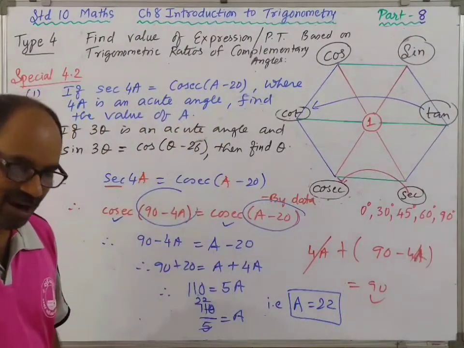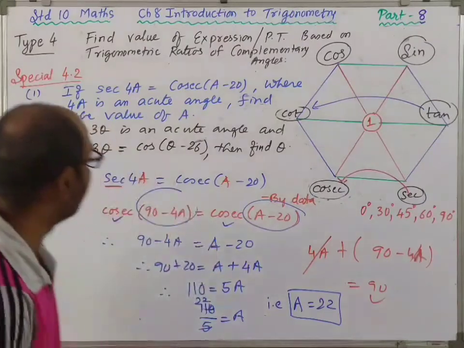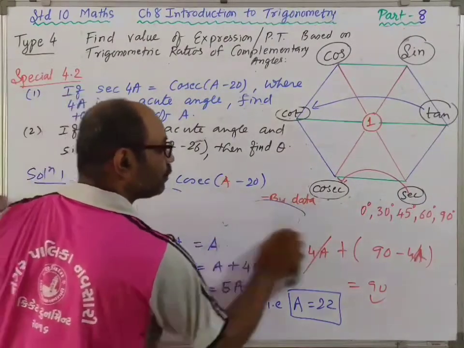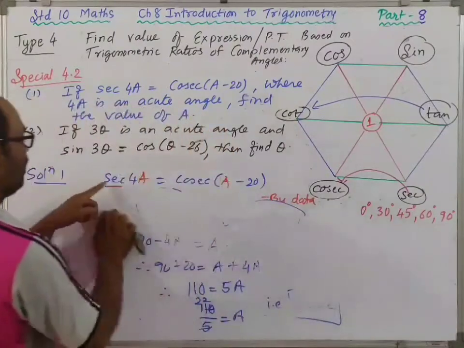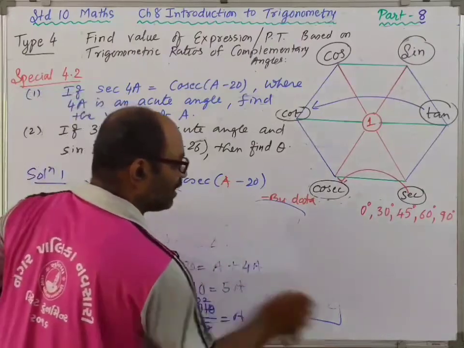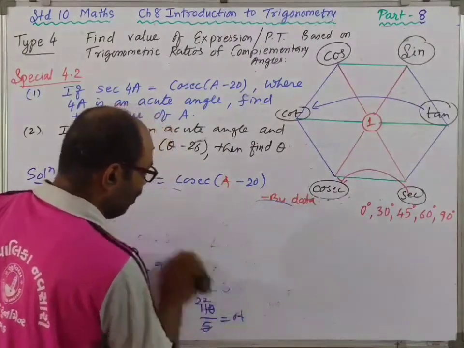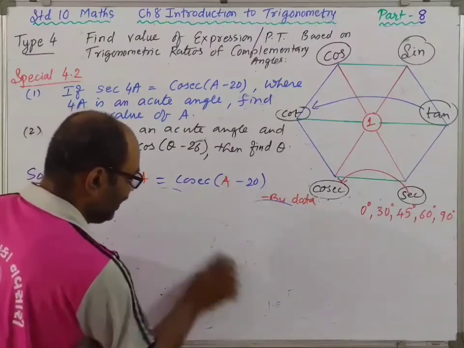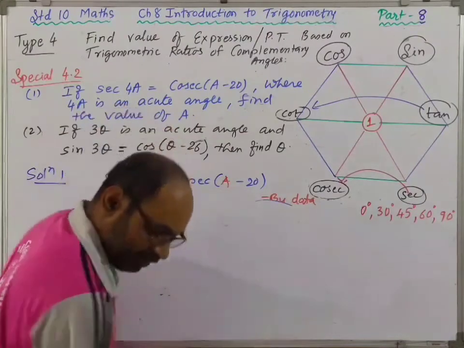Got it? Alright. Now here, instead of converting sec into cosec, you can convert cosec into sec as well. That can also be done, right? You can do that as well. Correct? So let's see.